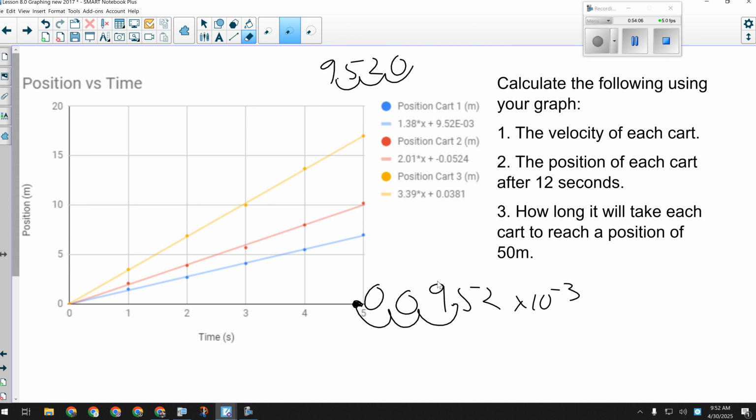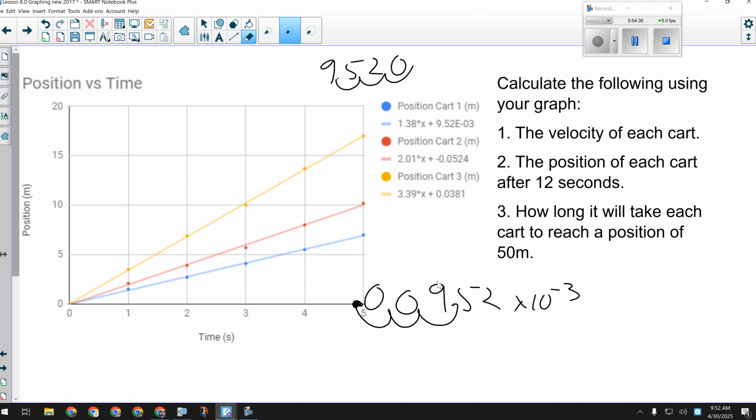First question on here. What's the velocity of each cart? What are some units that we use for velocity? Meters per second. That's the most common one. Are those units both on this graph? Meters is on the y, seconds is on the x.